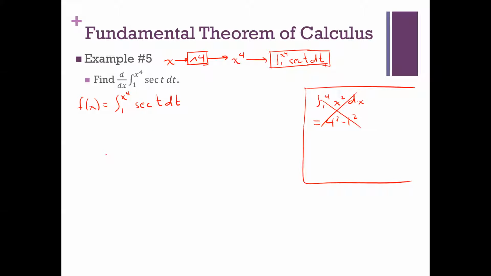Actually, maybe we should do what we've done in the past. If f of x is equal to this thing, let's say g of x is equal to x to the 4th, and h of x is equal to the integral from 1 to x of secant t dt.